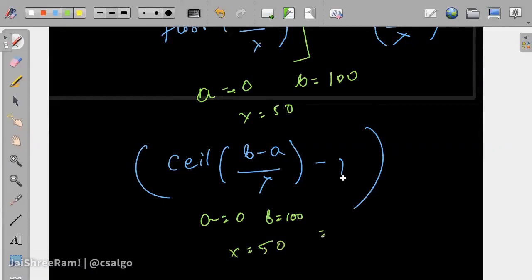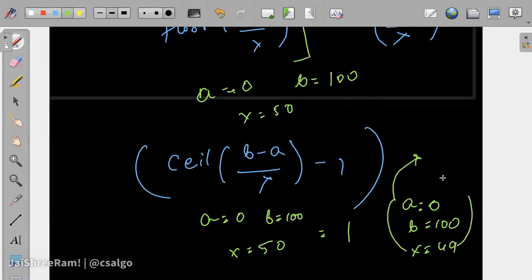In that case, the answer would be 2 minus 1, which is 1. And if a is equal to 0 and b is equal to 100 and x is equal to 49, in this case, the answer would be 2, right? Because this ceil will give us 3 and subtraction by 1 would give us 2.